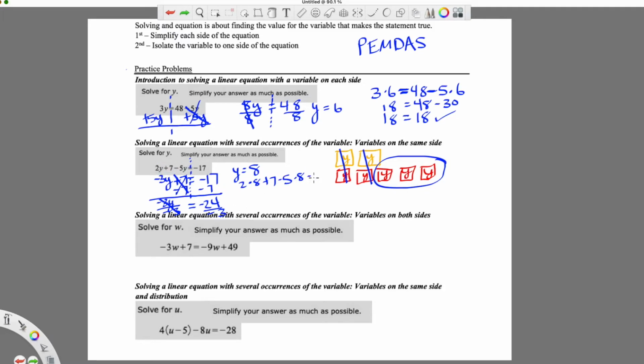This is the times. -17. So when I work all of this side out, it should equal -17. So I have 16, 2 times 8 is 16, plus 7, minus 5 times 8 is 40. So now I have, let's see, 16 plus 7, that's going to be 23, minus 40 equals -17. And with this one, I know this sometimes throws students off a little bit because it's 23 minus 40.